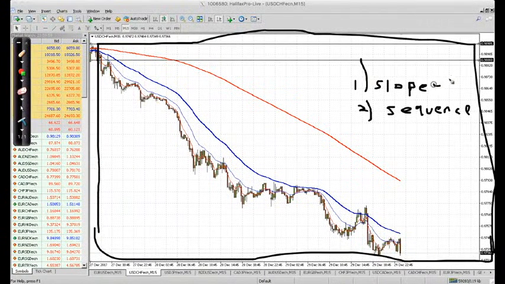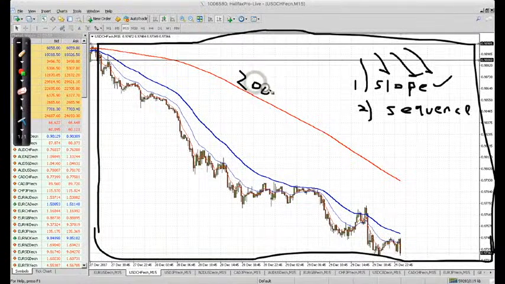And notice the sequence they are in. It is arranged from the biggest moving average to the smallest, from the top to the bottom. You've got the 200 simple moving average, the red line, the 50 exponential moving average, the blue line, and the 18 exponential moving average. So 200, 50, 18 in sequence, clear downtrend.